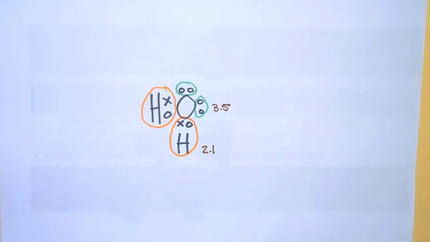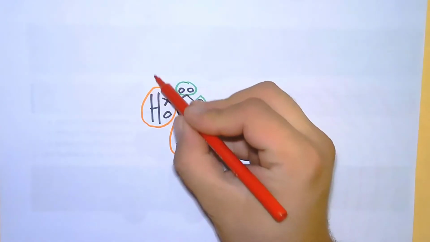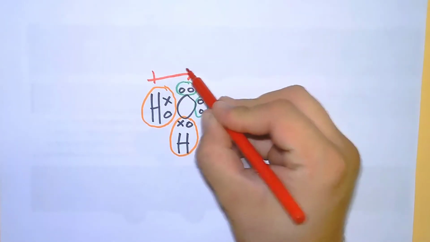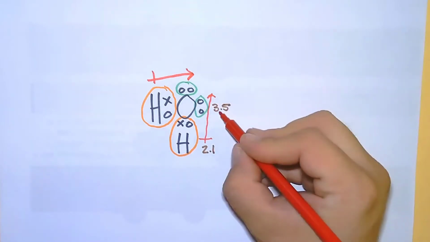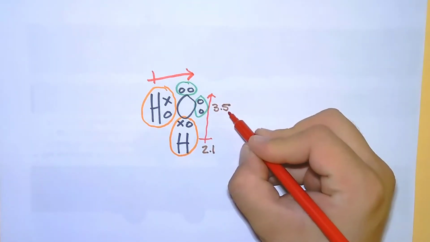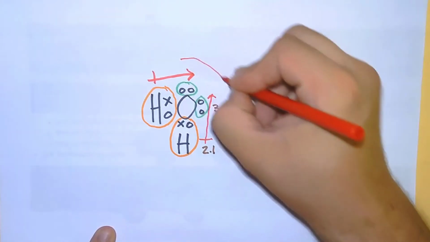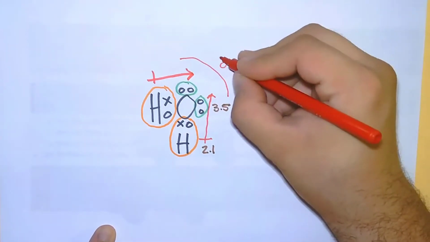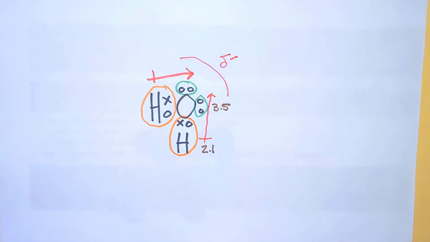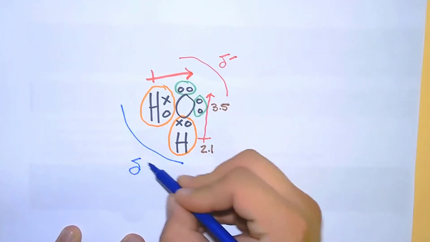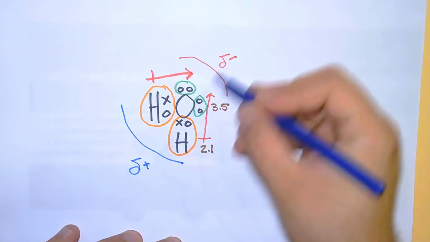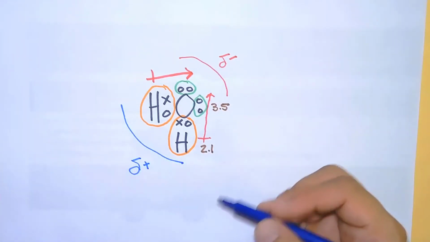That means that the shared electrons will rather spend their time around the oxygen than around the hydrogen because of the higher electronegativity of the oxygen. That means that the oxygen side of the molecule is slightly negative, and the hydrogen side of the molecule is slightly positive, making this a polar molecule.